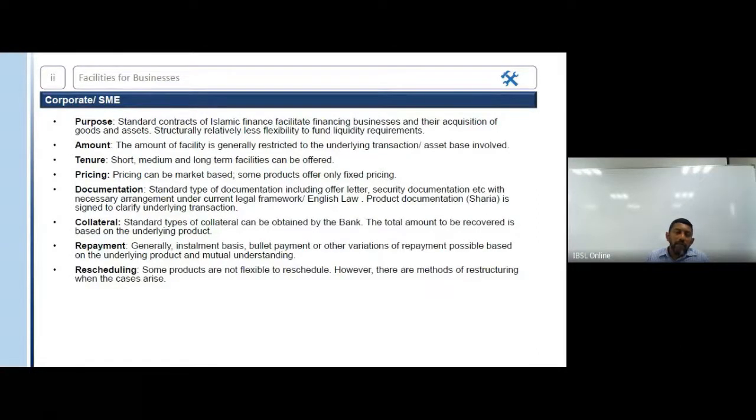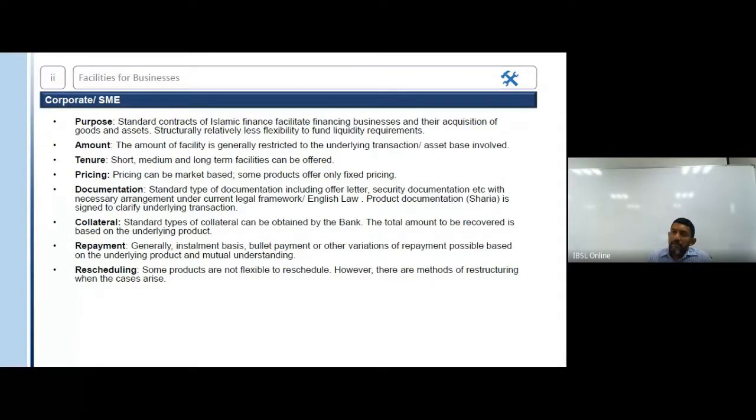Even in conventional banking, when we do credit, we evaluate the business requirement, working capital cycles and the financial situation, and then only lend. We don't just lend anything for everything.